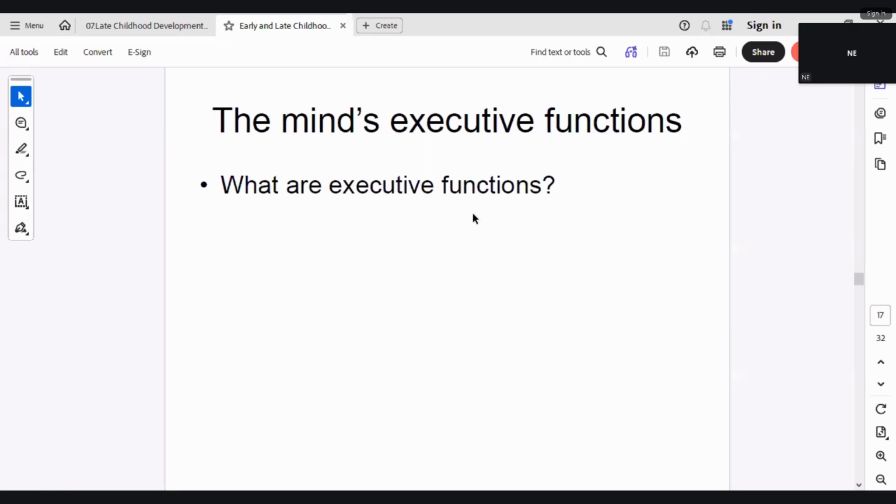So kids who have issues with executive function, and the highlight of that is children with ADHD, where there is an executive function problem, are not able to do the daily things that other typical children do without prompting. Okay, so kids with ADHD are going to require prompting because their executive functions are not quite intact.